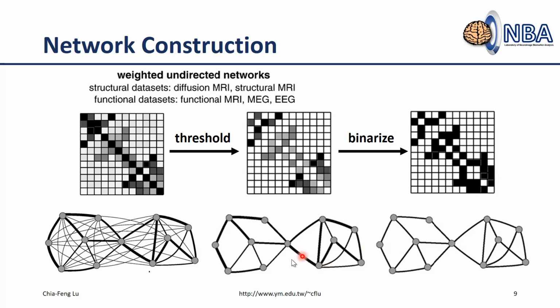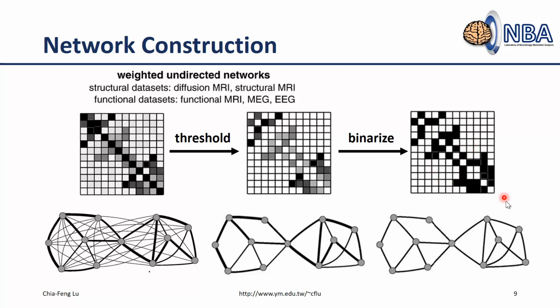So in this diagram, you can still see the thickness differs between connections. However, after the binarization process, you may find that all the lines become the same width, and the matrix will only have values of 1 or 0.